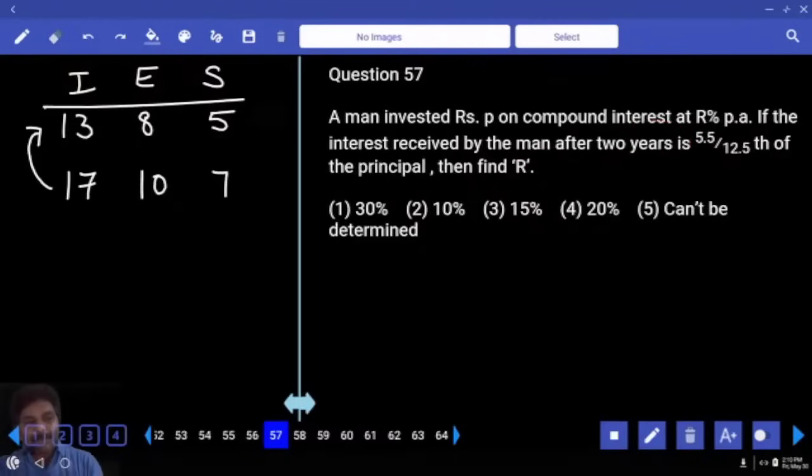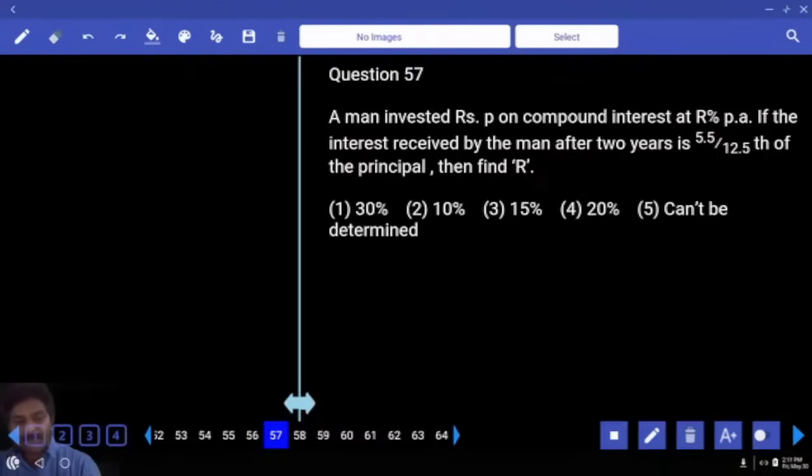A man invested P rupees on compound interest at R% per annum. The interest received by the man after 2 years is 5.5 by 12.5 of the principal. 5.5 out of 12.5, the principal is 100%.